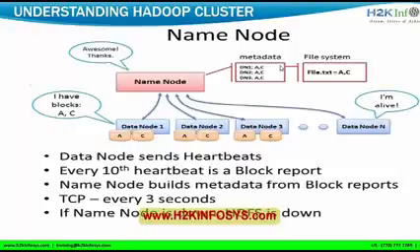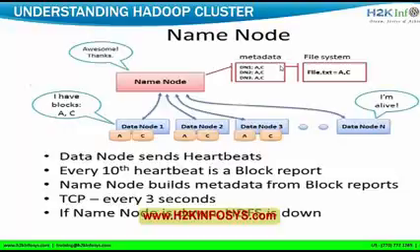Whenever a data node is active or functioning properly, at a particular set of intervals it will give an acknowledgement in the form of a heartbeat to the name node saying that I am alive and I am having this information. Suppose data node 1 gives acknowledgements to the name node stating that I am alive and I am having the blocks A and C.